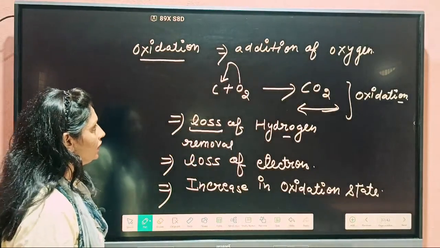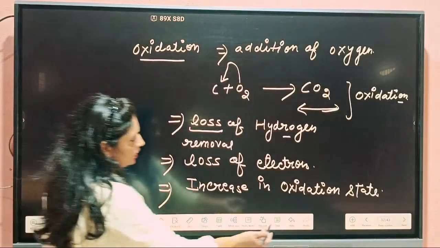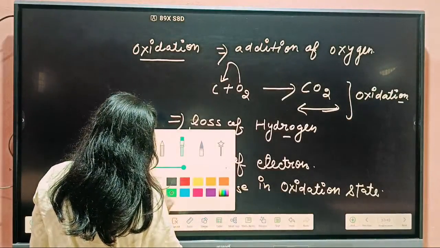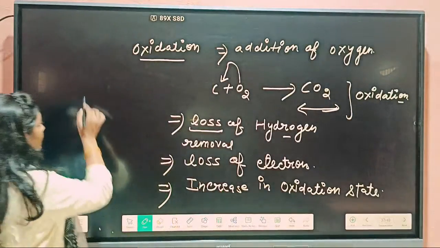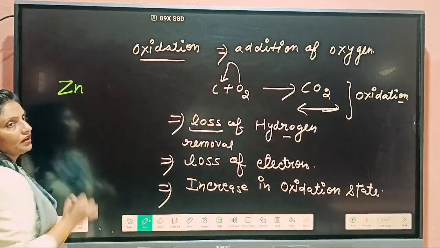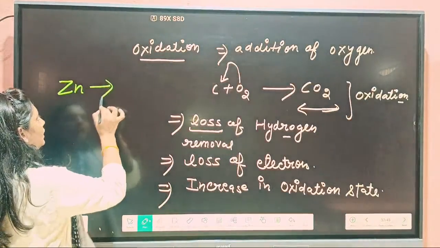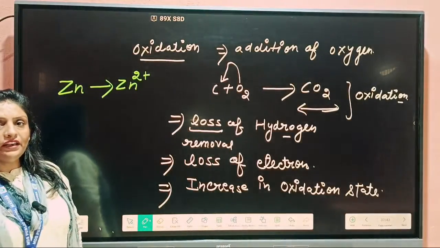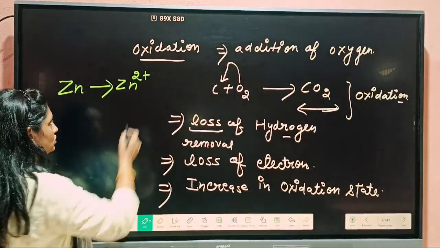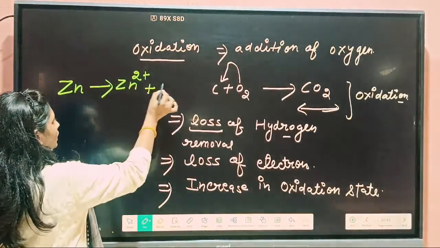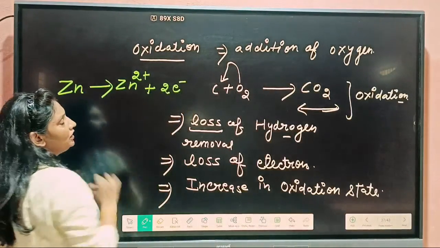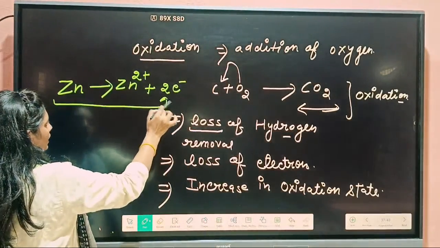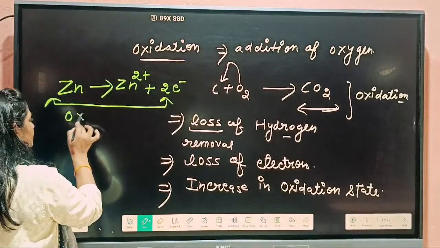Like students, if you have zinc, and it is converting into Zn2+, when can it convert into Zn2+? When it will lose 2 electrons. So here it is losing electrons. So students, it is also an example of oxidation.